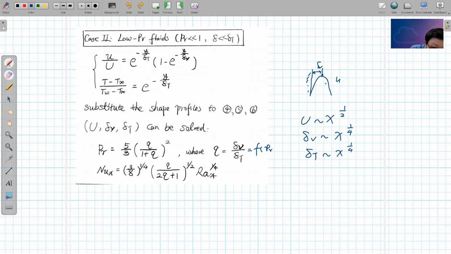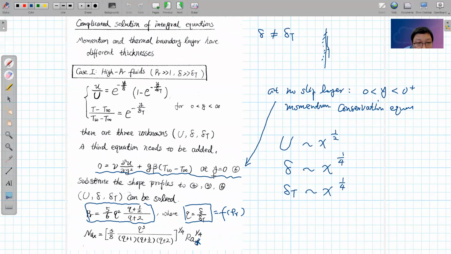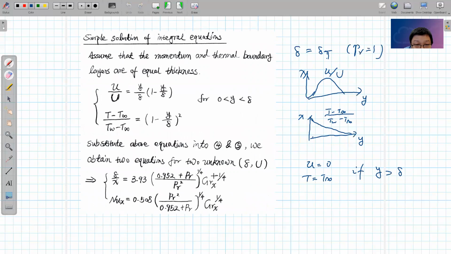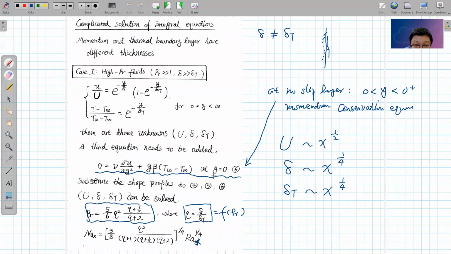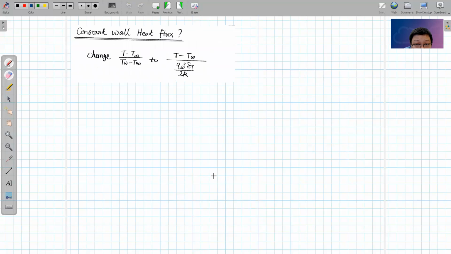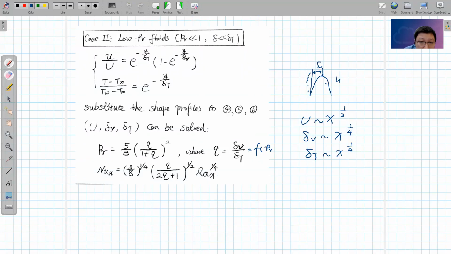So this is using a complicated way to solve the integral equations, basically for both large Prandtl number and small Prandtl number cases. Okay, any question here? So we finish here. We finished the integral solution of this natural convection case.